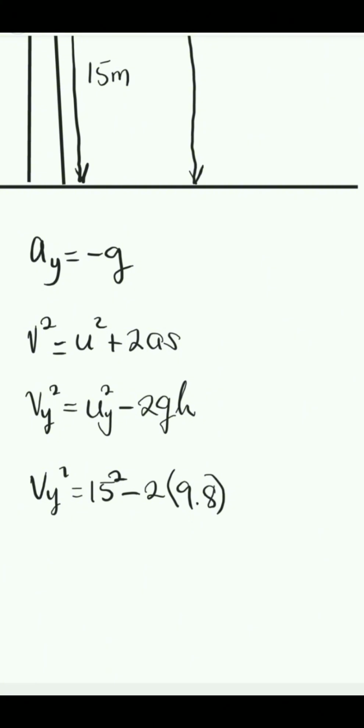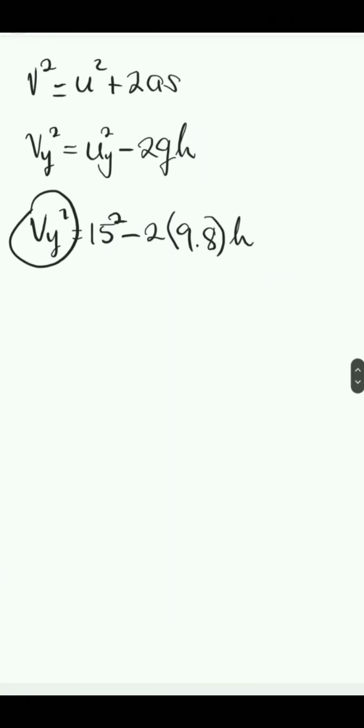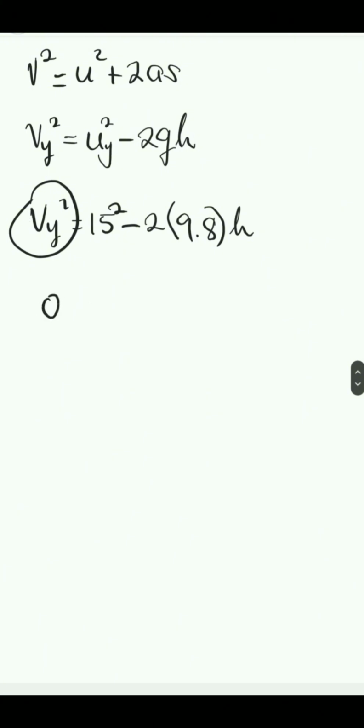Now one thing that you need to note is that for the furthest point reached by a particle, the velocity component in the y-axis is always 0. So at that furthest point, v subscript y is equal to 0. So replace with a 0, then this will be equal to 15 squared, which gives us 225, then minus 2 times 9.8, which gives us 19.6, then multiplied by h.